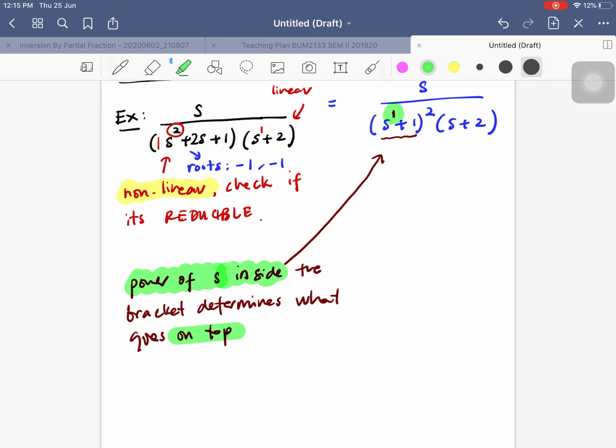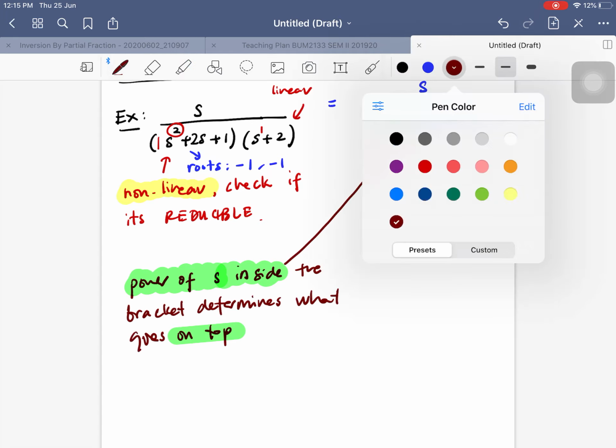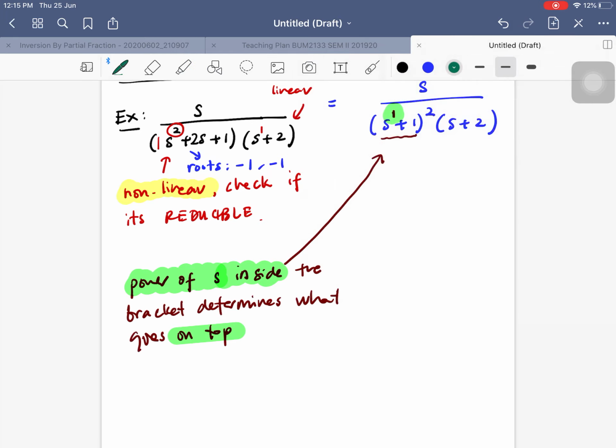Okay, and so there's going to be another power that we're going to observe, which is going to be referring to this one right here. So this is the power outside the bracket. Let me put a remark so you won't forget them.